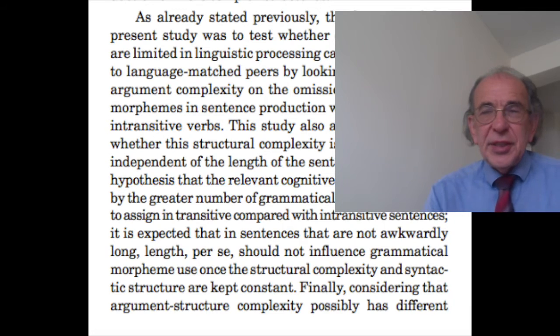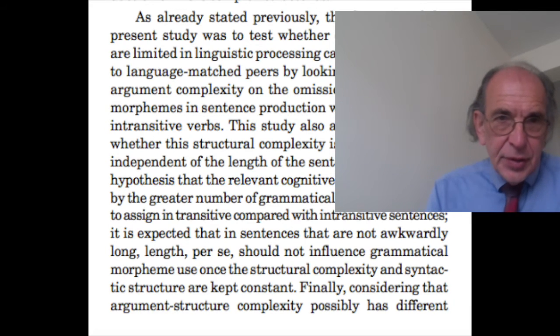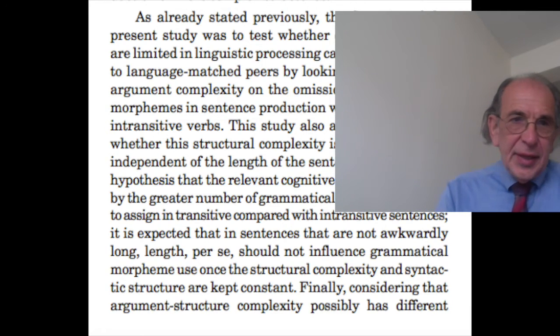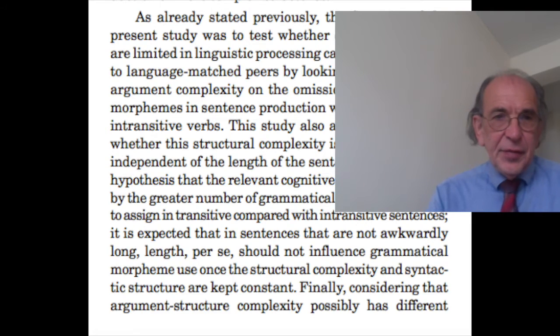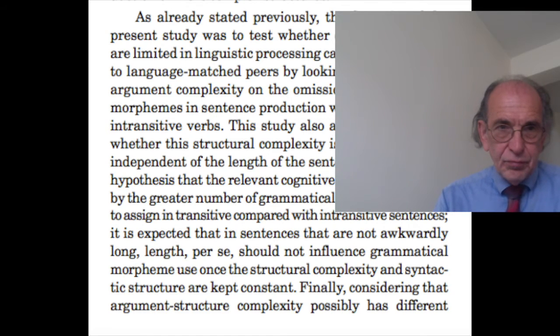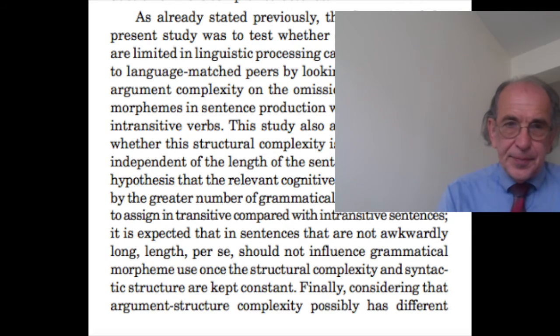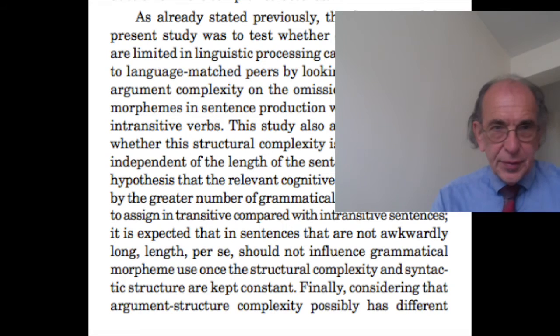It's very important to distinguish. So separating them out again, the independent variable is argument complexity of sentences. The dependent variable is the omission of grammatical morphemes in the production of sentences.